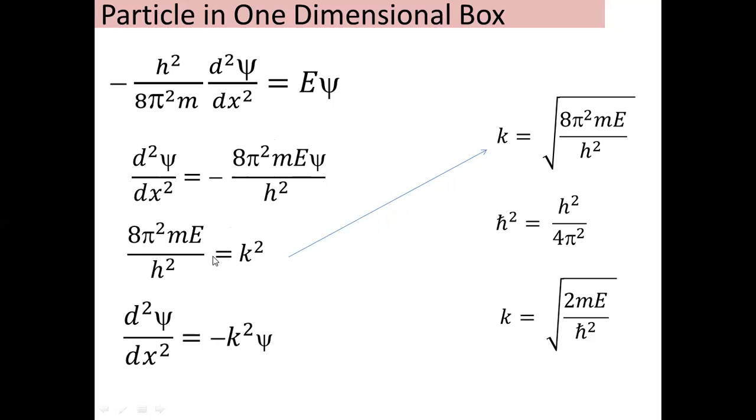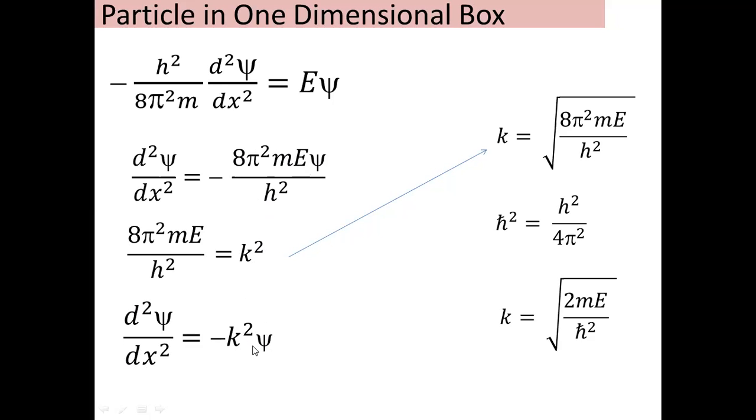That's why I have taken them into another constant called k, and this whole factor will be equal to k square. So now I am going to put the value of k square in this equation, replacing this whole factor with k square. By putting k square over here, the equation will become d square psi over dx square equal to minus k square psi.